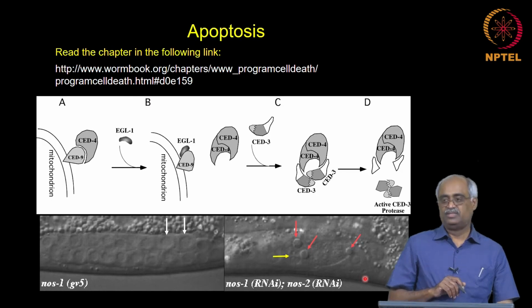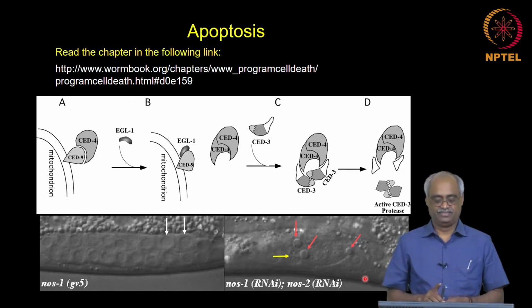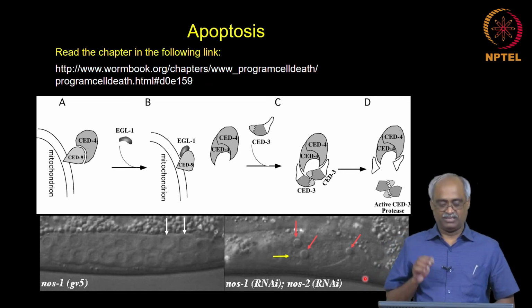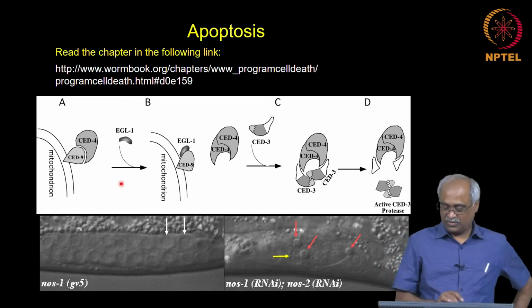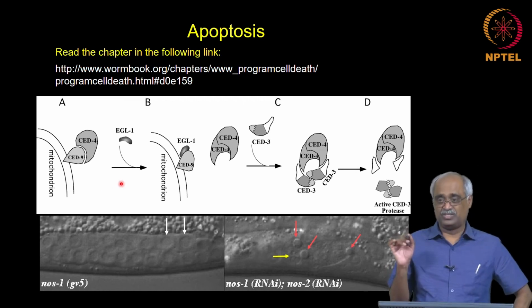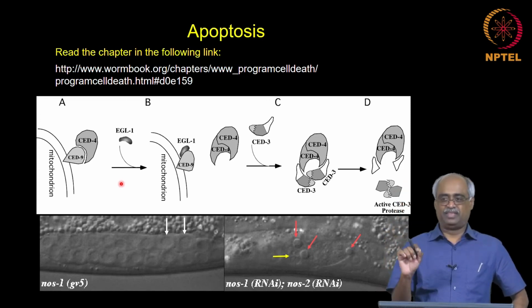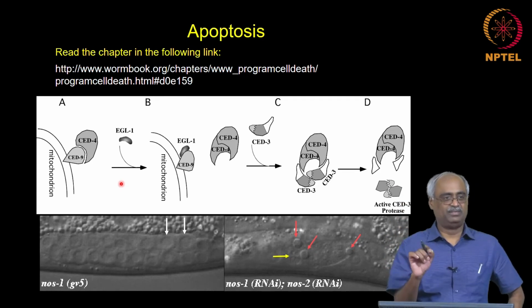Okay, so the last one, which is not one of those 4 main pathways, but this is again a critical pathway, is called apoptosis. Okay. So it is quite a simple pathway. So already you know the story that in cell lineage tracing, I told you in C. elegans you can trace the entire lineage starting from P0, and in that process people discovered 131 cells die always.